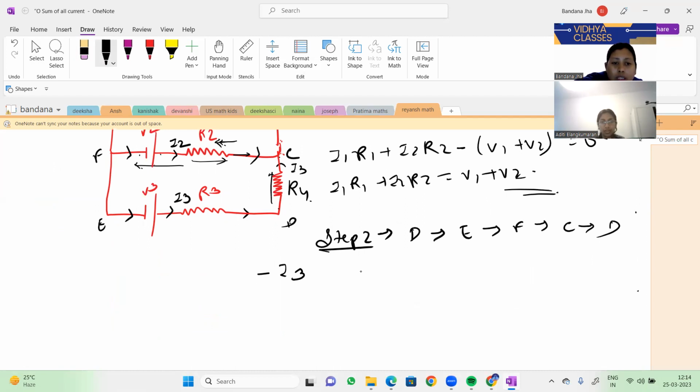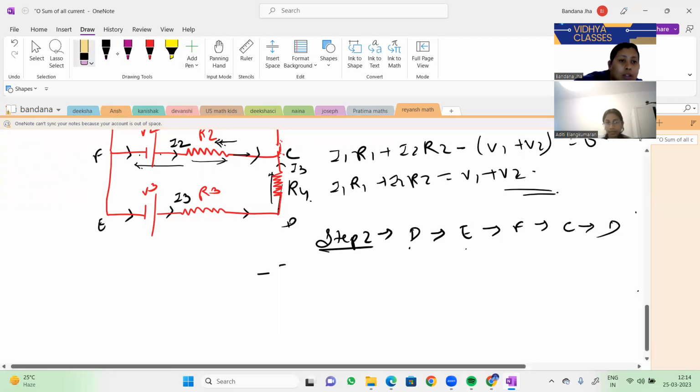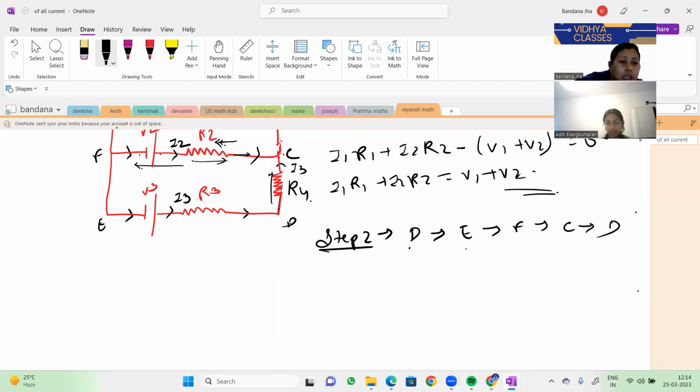The direction of current is this one, right? And I am traveling from D to E. D to E. Okay, this side. So we are going against the direction of the current.